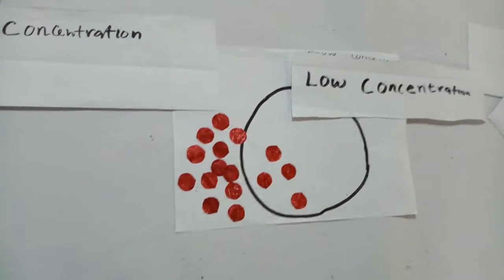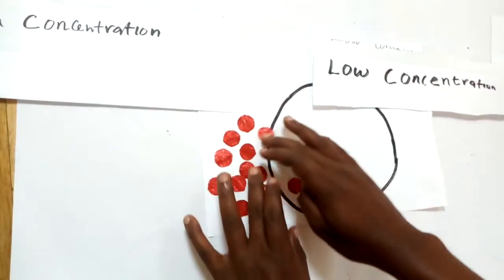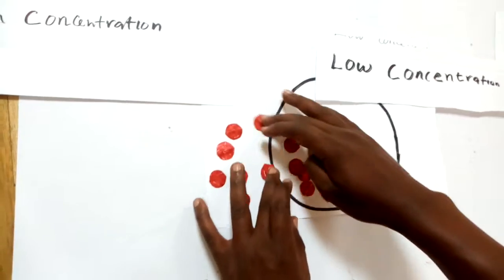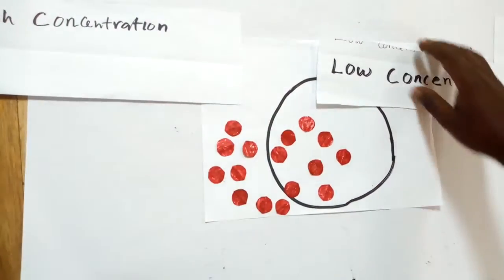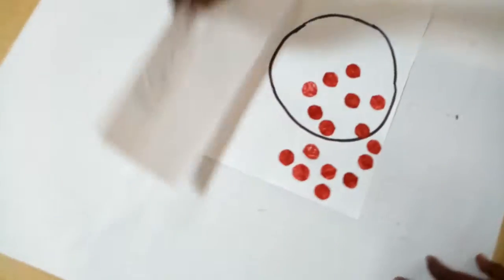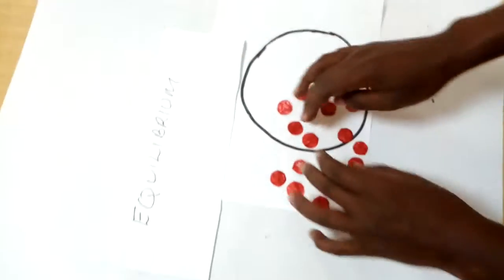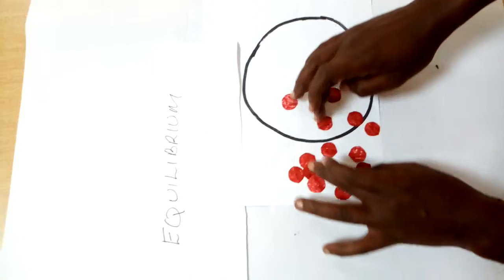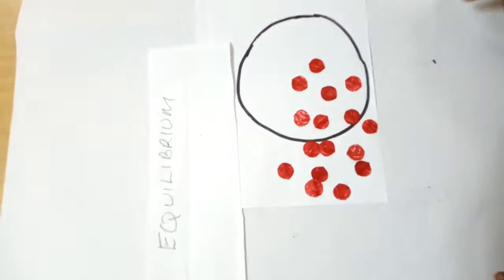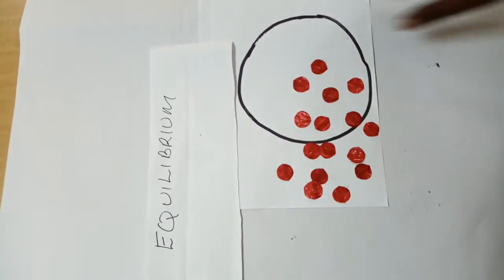In the same way, particles will move across into the cell until equilibrium is reached. At equilibrium, particles are able to move freely in and out of the cell.